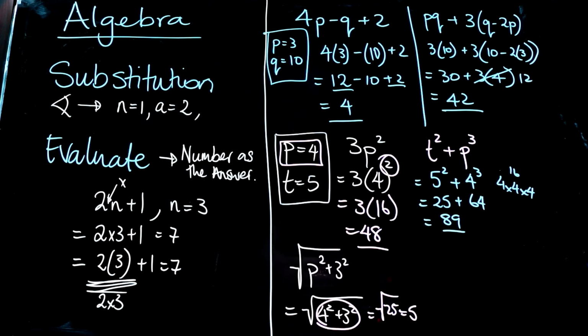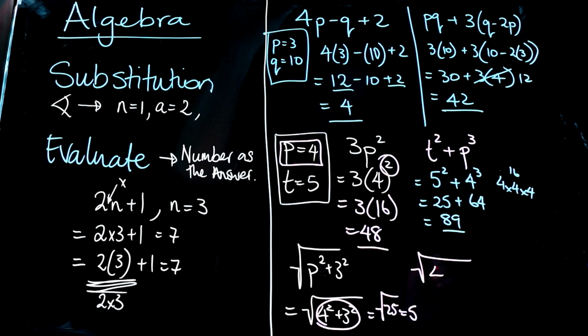Having done the substitution step, you could have done this slightly differently if we come back and set this up. If this is 4 squared plus 3 squared, you might have seen that using squares.